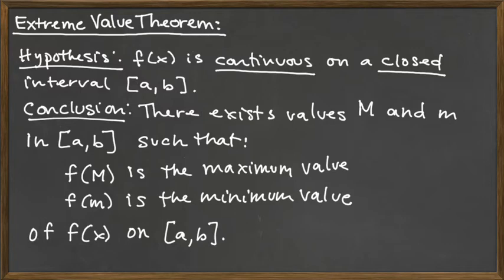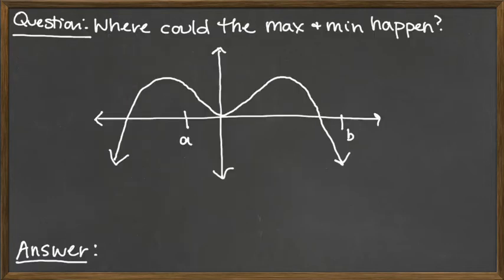Okay. And so this extreme value theorem, we need to know where we can find these. Where do we have to look to get the max and the min? So we've already talked in calculus about local extrema, local maxes and mins, peaks and valleys that we might see for the function. And local extrema happen at critical points.